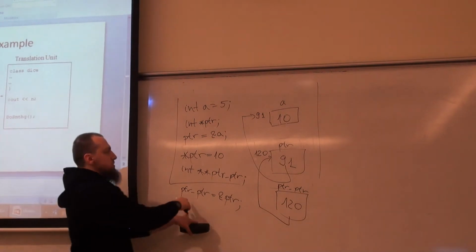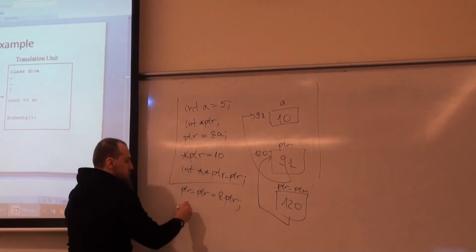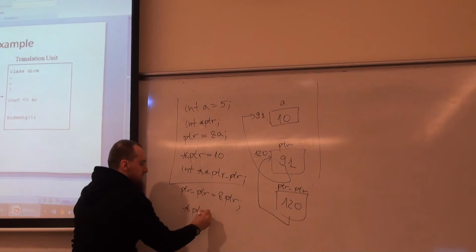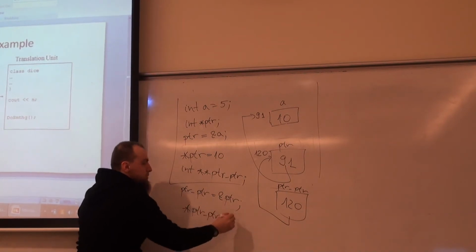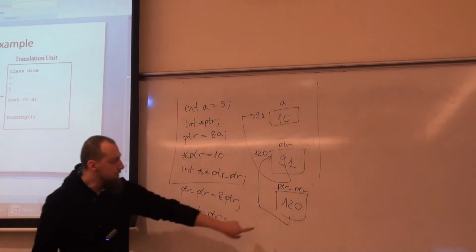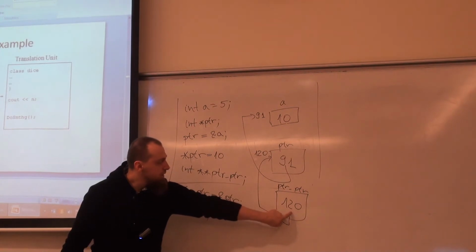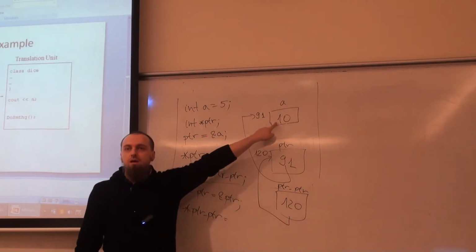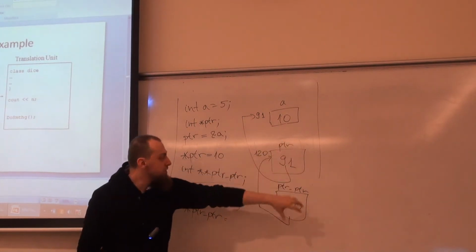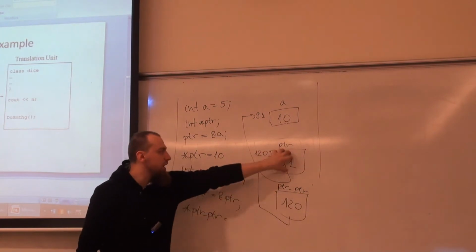If I want to change the address of this, I can use star ptr is equal to something. But what do you think? Using the value of this pointer, can I access this? Yes or no? Yes? How do I do that? First I have, yeah, very nice. I have to access this. How do I access this?